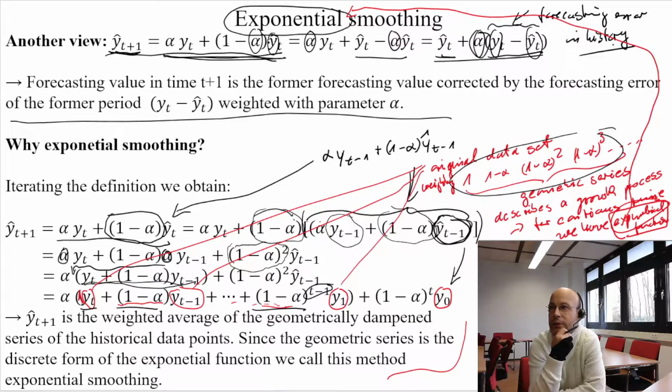And for geometric series, we know that the geometric series is just the discrete way to describe growth processes, and in general growth processes are described via the exponential function, and therefore we call this method exponential smoothing.